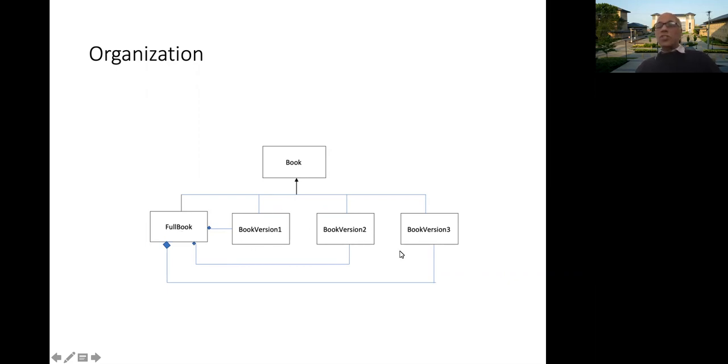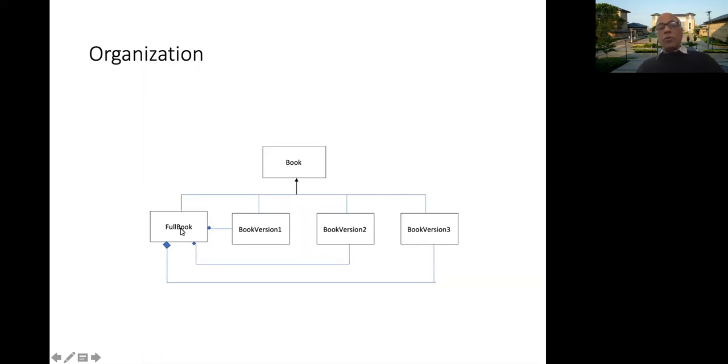These versions don't maintain any of the fields. All the fields are maintained by full book. These are simply adapters. They are simply object adapters referring to the full book and getting information from them.